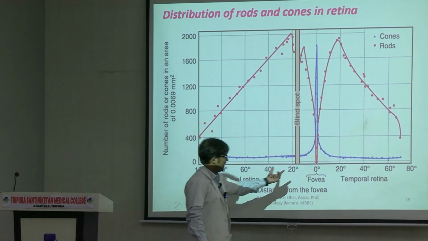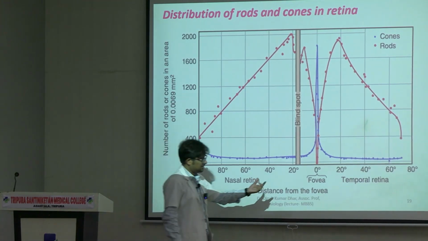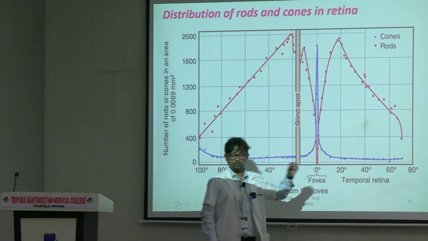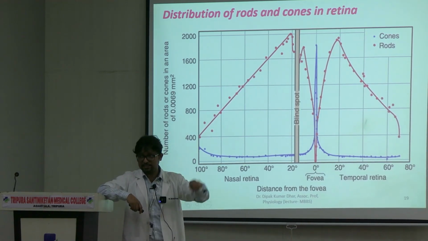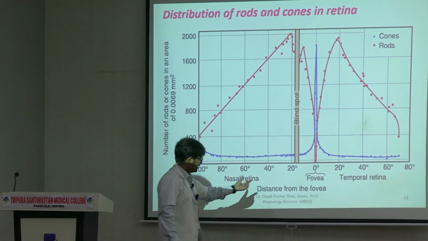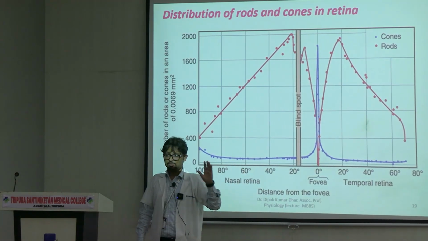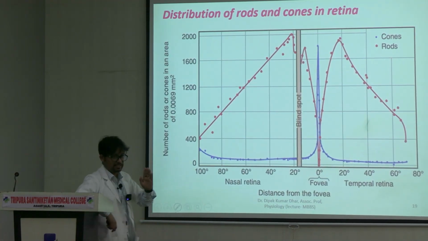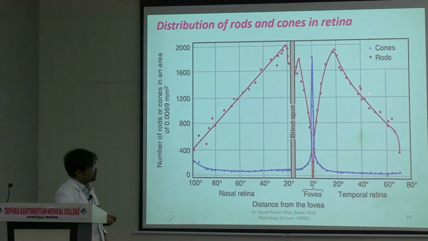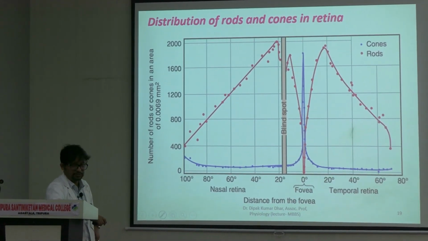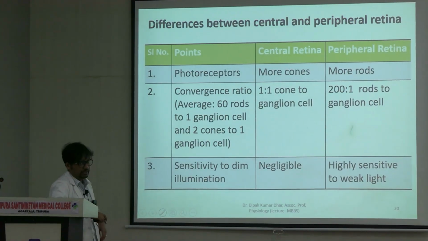But as you go peripherally in the form of concentric circles, these degrees are concentric circles. तो अगर हम fovea को 0 degree मानें, and if you visualize circles around it, so this is what is represented by these numbers 20, 40 and all of this. तो एक nasal तरफ होगा, nasal aspect of the retina, एक होगा temporal side में. तो distribution rods का जो है, it is more to the peripheral part, cones का distribution is highest in the central part of the retina.